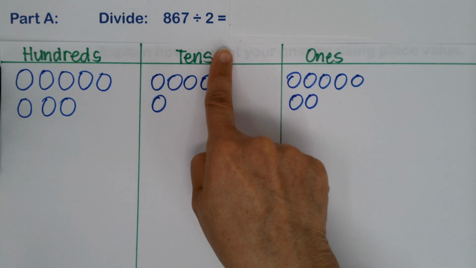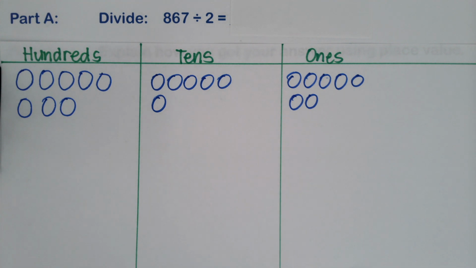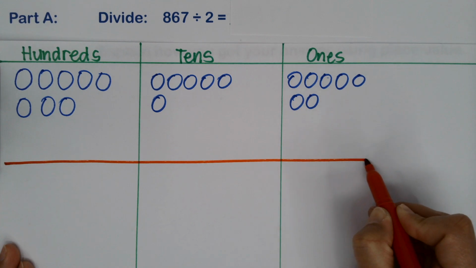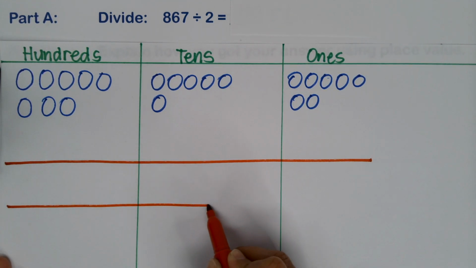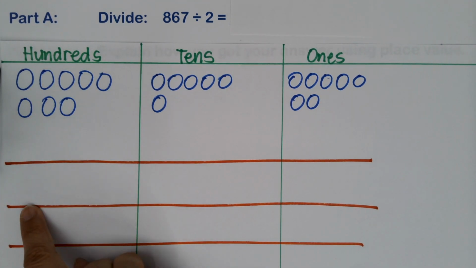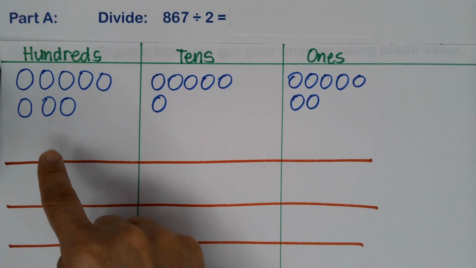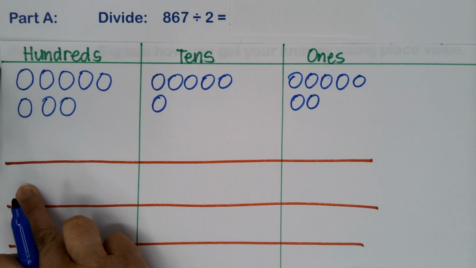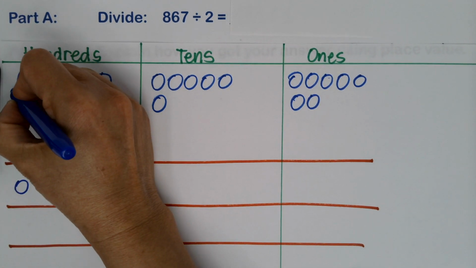And because we are dividing by 2, then we are going to form 2 groups. Because we cannot move these circles around, all you have to do is make sure that we can trace which circles have been quote-unquote moved. So this circle here goes into the first group, and then we cross this out.